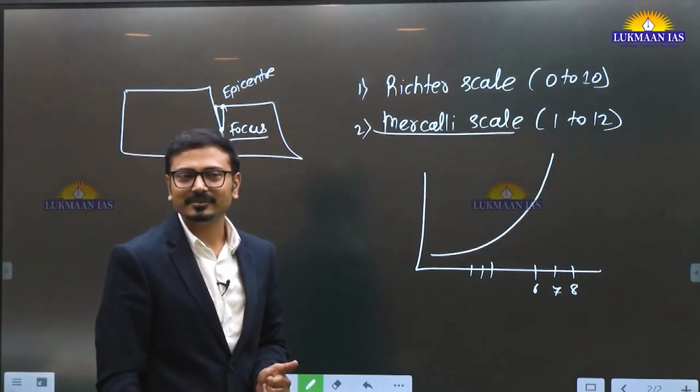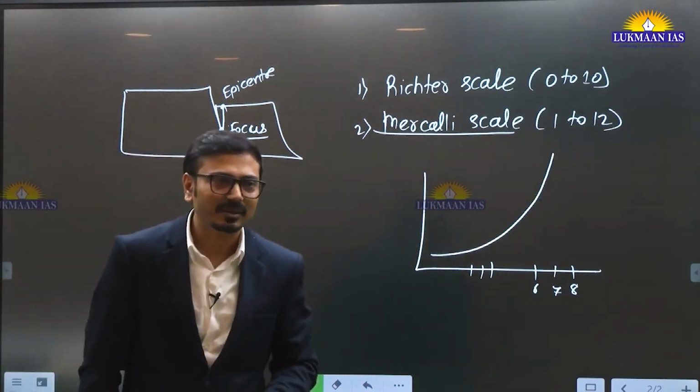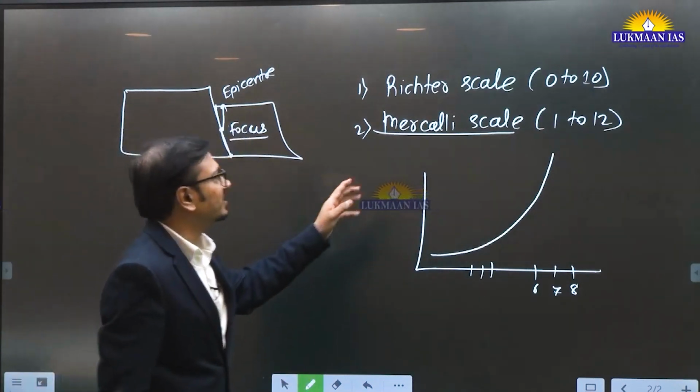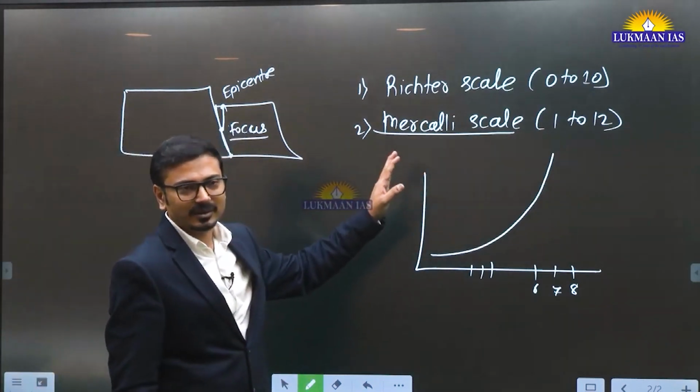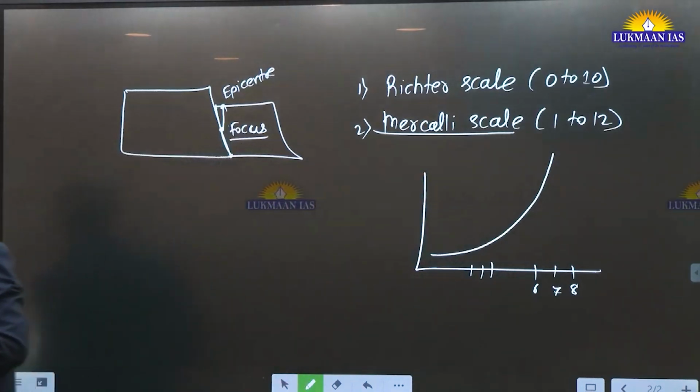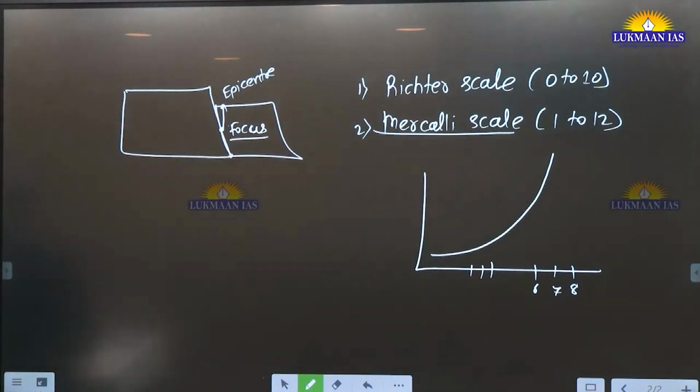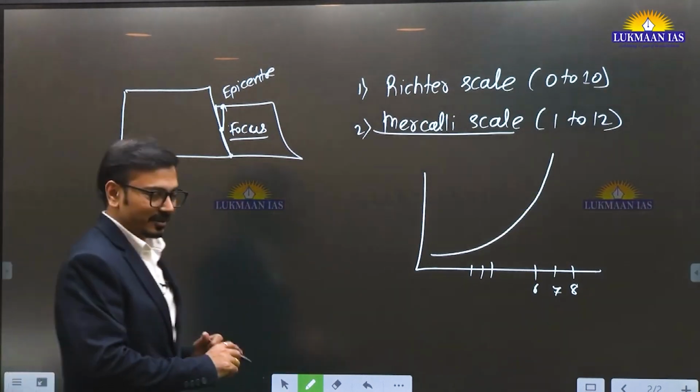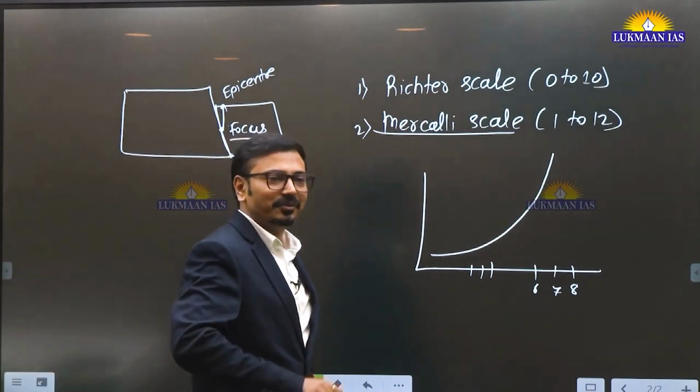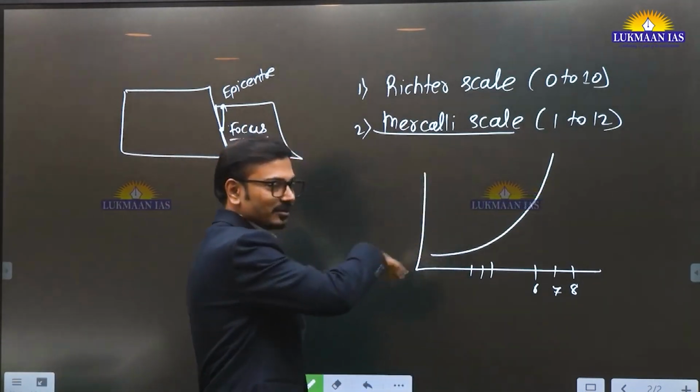So what is Mercator's projection? Is it related to this scale? I read the terms, I cannot recall it. Okay, I will note it down. How do you spell it? Mercator's projection. Is it related to earthquake? Let me see it, I will tell you tomorrow. Okay, fine. If it is related to this one, I will explain it.